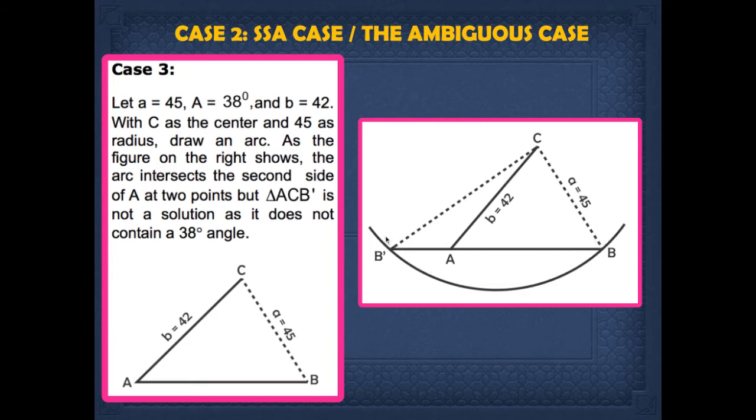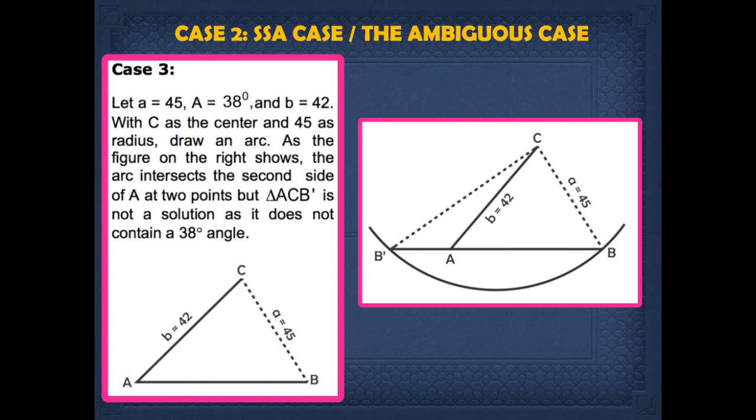So this is the arc. Now notice that this arc intersects the second side of A at 2 points. Now this is the second side of A. So the arc intersected the second side of A at 2 points. What are those 2 points? Points B and B prime.